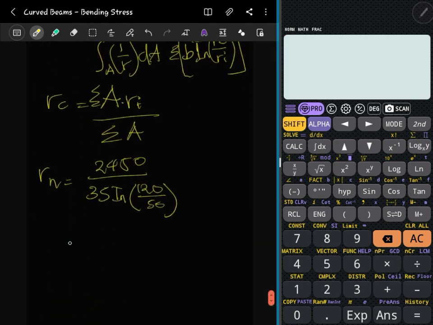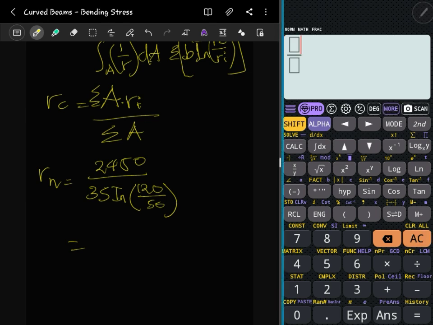Let's see what that gives us. That's 2450 all on 35 times the natural log of 120 on 50.